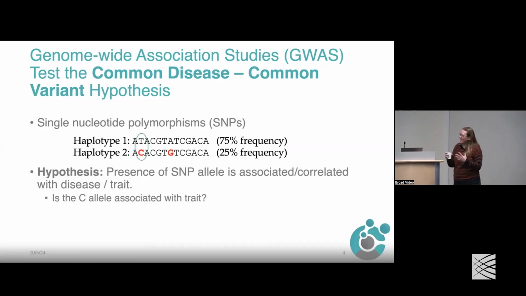Most commonly or traditionally, the genome-wide association study tests this common disease, common variant hypothesis. So GWAS were developed for variants that were of high enough frequency in the human population to have been put on this technological product called the genotyping array.